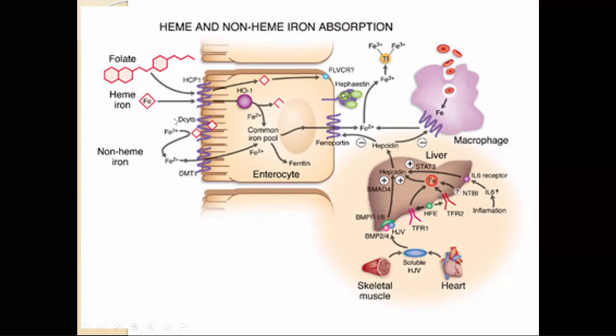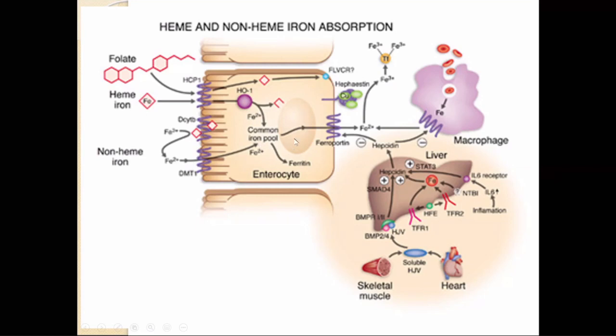So you have already learned all this, right? Iron is mostly present in the ferric form, which is converted to ferrous by duodenal cytochrome B, and it's taken into the enterocytes by divalent metal transporters.